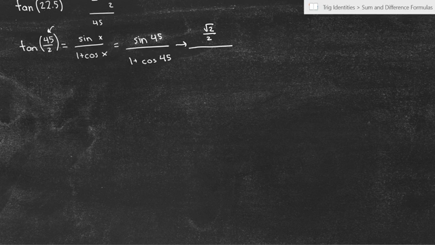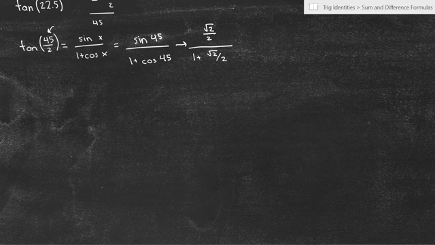We've got sine of x over 1 plus cosine x, and remember the x is the numerator here. So that equals sine of 45 divided by 1 plus cosine of 45. Okay, let's just solve these out. We're going to get root 2 over 2 divided by 1 plus root 2 over 2.